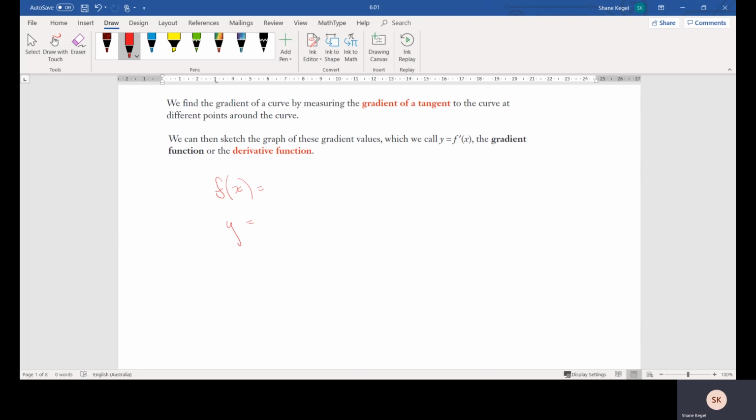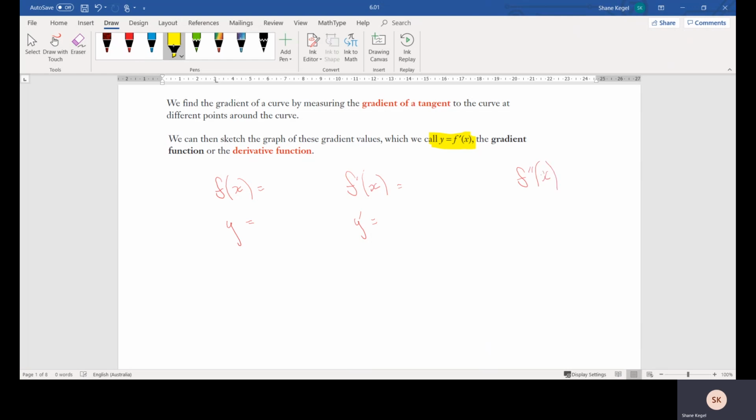We're now introduced to this new notation, f dash of x. Wherever you see f dash x or y dash, the dash is talking about the derivative. In this case, it's the first derivative. Right at the end of the chapter, you'll be introduced to the second derivative, indicated by 2 dashes, but we're not going to focus on that right now.